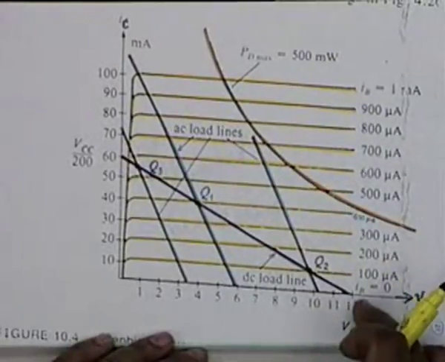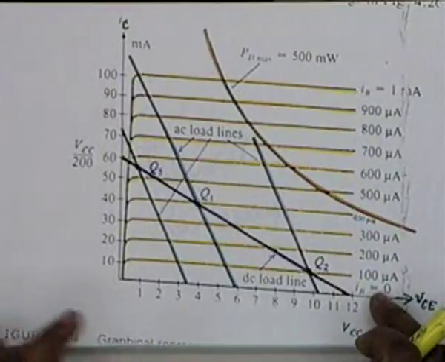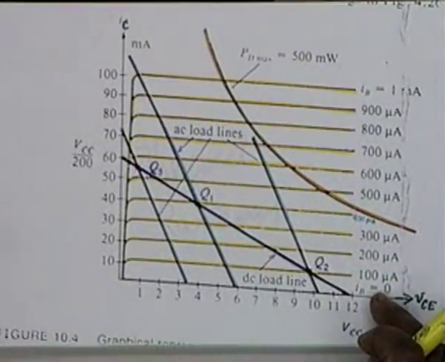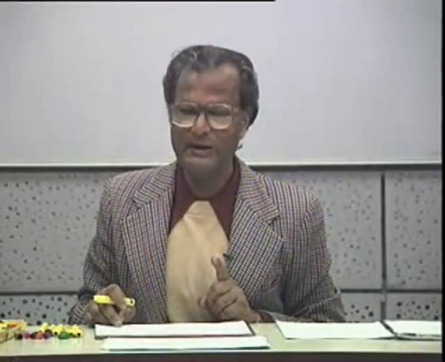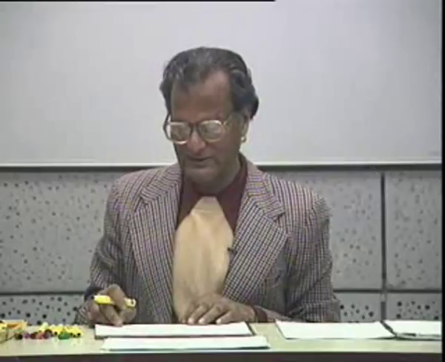There is a vertical line which restricts not only the PD max curve, but there is a vertical line occurring at VCE max. This will also be specified by the manufacturers. Sometimes it is specified as breakdown collector voltage. There are various terms, but you should understand.